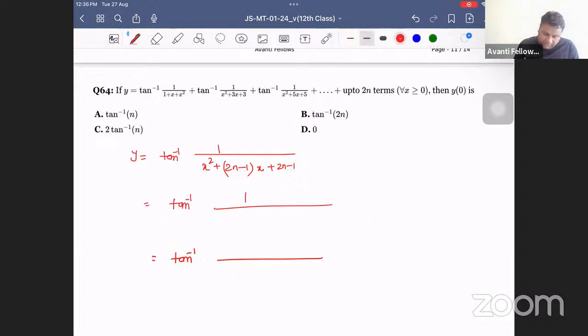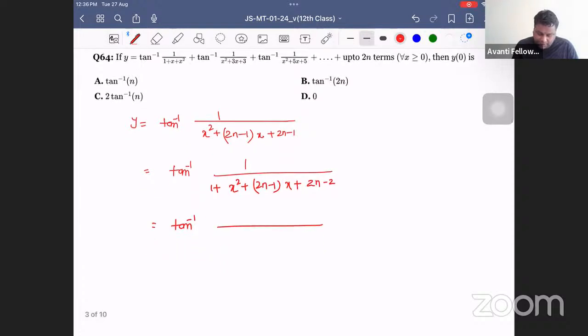So with this, it will become 1 plus x square plus (2n minus 1) into x plus 2n minus 2. Got it? So now factors of 2n minus 2: n and n minus 1.